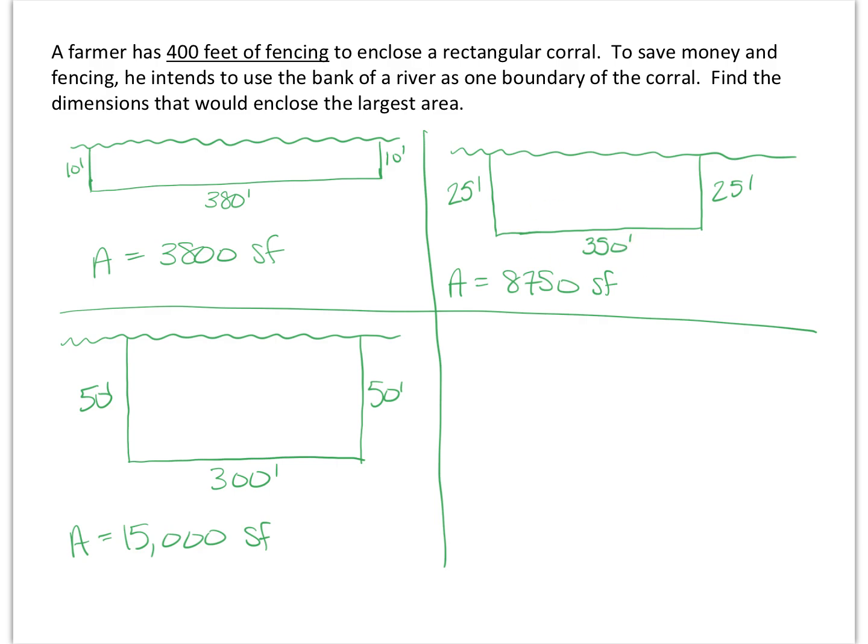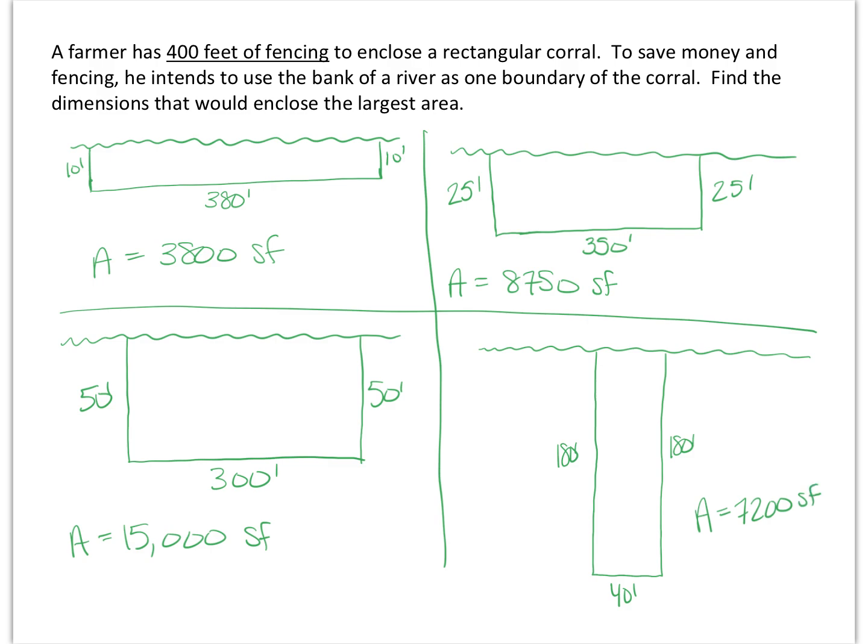But at some point, I'm going to start getting long and skinny. Let's say I make my sides that come out away from the river 180 feet. That means that 180 and 180 is 360. So I have 40 feet left to make the third side. And the area of this corral is 7,200 square feet.